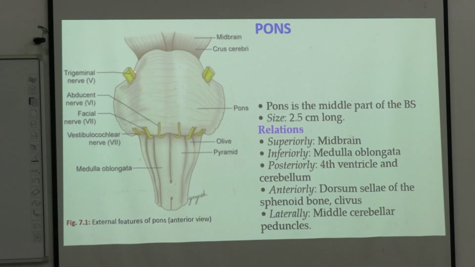We call this the motor division of the trigeminal nerve. Together it makes a common nerve, a sensory and motor mix. We call it a mixed nerve. This trigeminal nerve is seen exiting in the upper part of the pons, close to the midbrain. So this is what the external surface features.